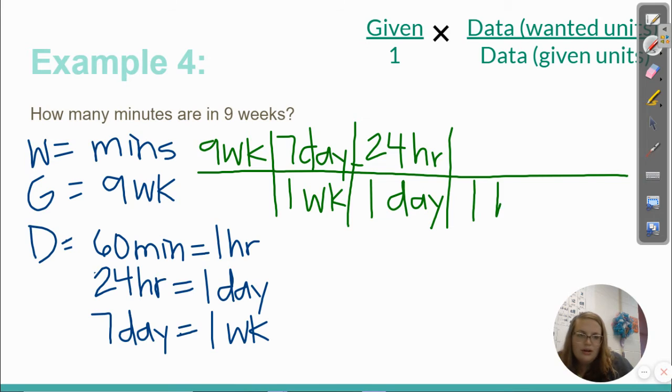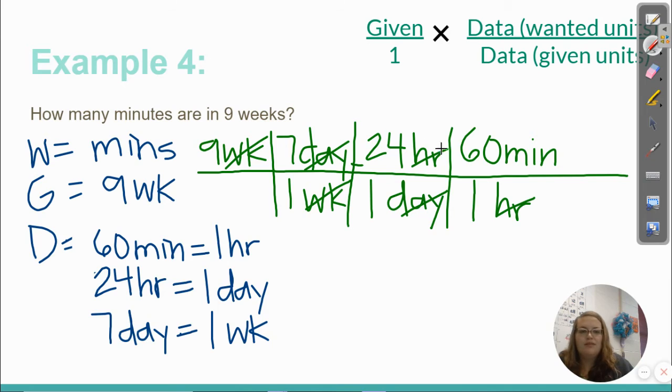And 1 hour is 60 minutes. So see how, because I set it up this way using dimensional analysis, I'm going to be able to cancel my units, and I can keep track a lot easier than just multiplying all these numbers together. So weeks cancel, days cancel, hours, and I'm left with minutes, which is what I wanted.